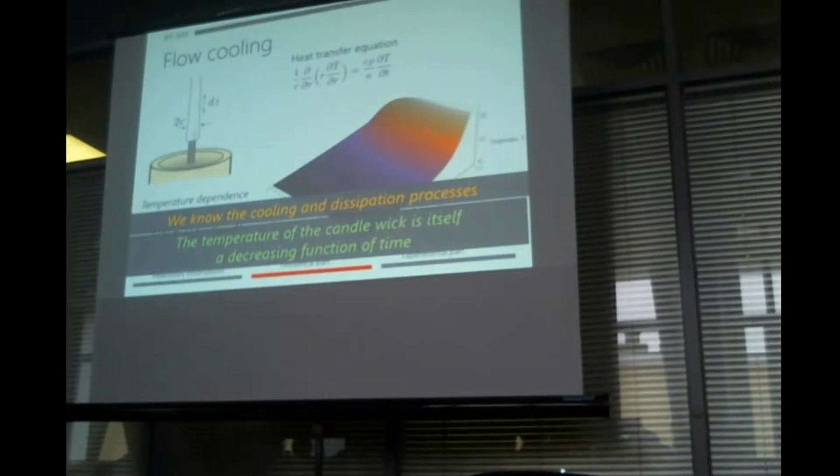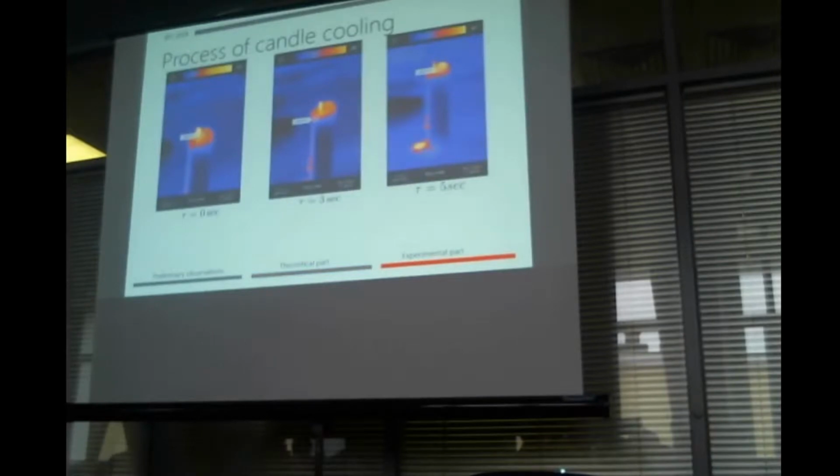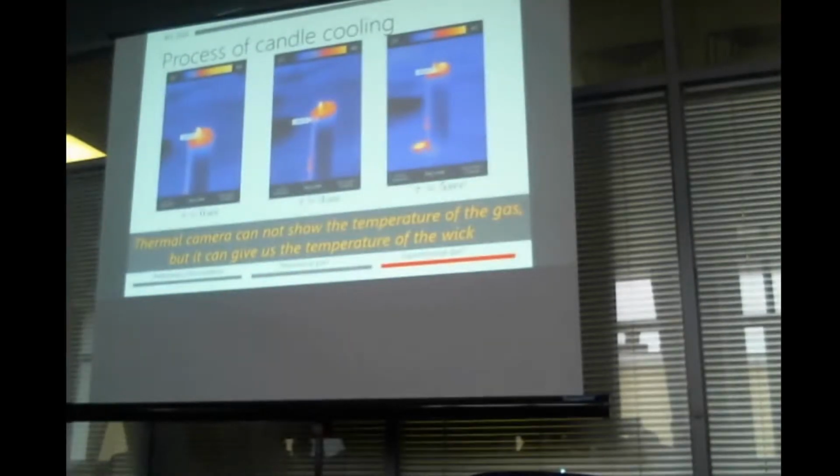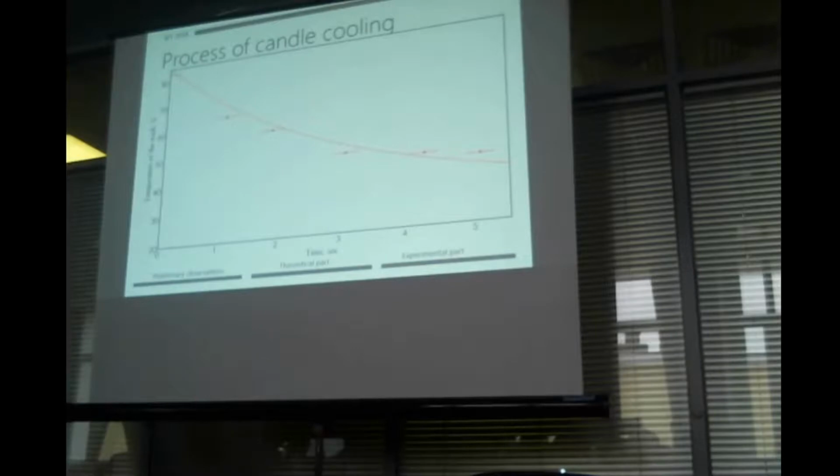We can find the temperature of the wick of the candle experimentally by thermal camera. The thermal camera cannot show the temperature of the gas, but we obtain from it the temperature of the wick and plot the dependence of the temperature of the wick on the time that we wait after the flame was extinguished.